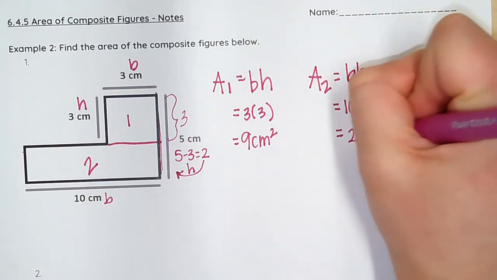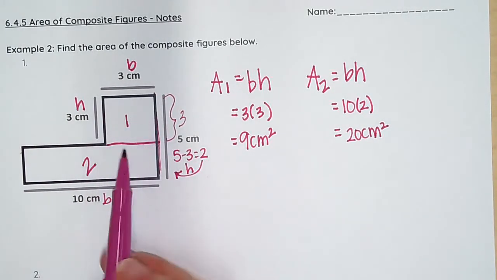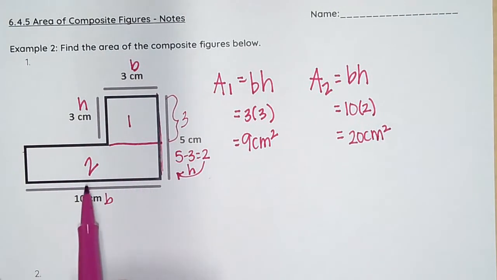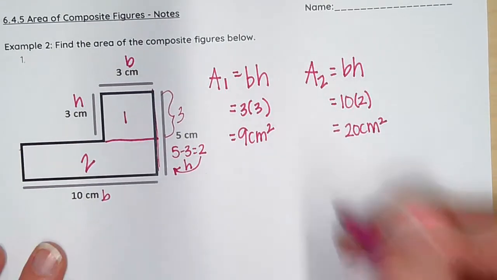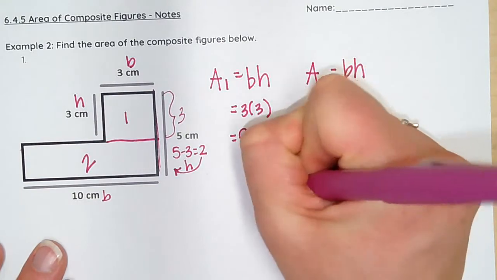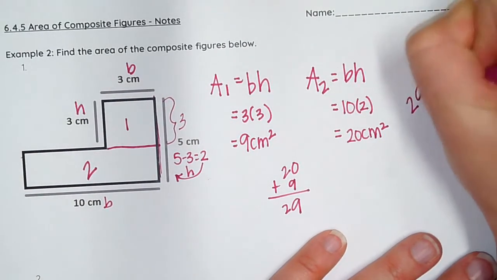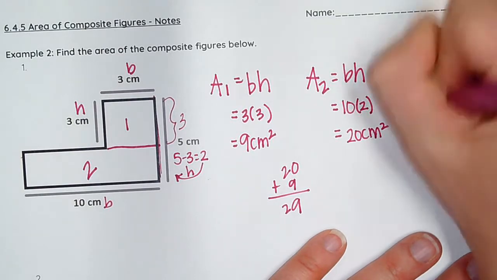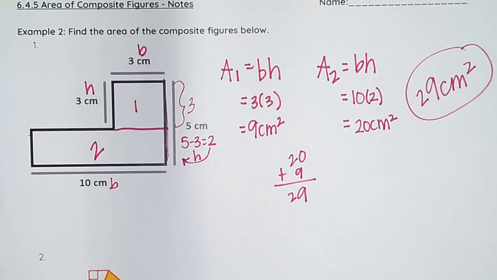Multiply those, getting me 20 centimeters squared. So now I know that this is 9 centimeters squared and this is 20 centimeters squared. So my next step is to put them back together. 20 plus 9, 29. My answer is 29 centimeters squared for the area of this entire composite figure.